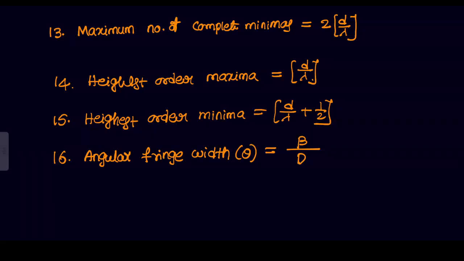We know beta equals lambda D by d. If I put the beta value here, D will get cancelled, and it will come to lambda by d, the other formula.